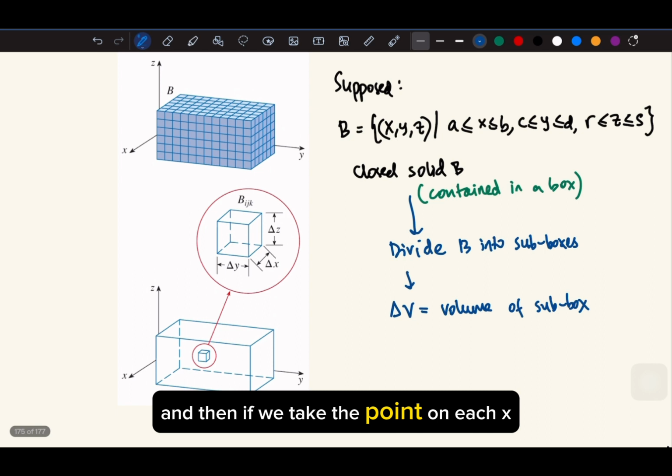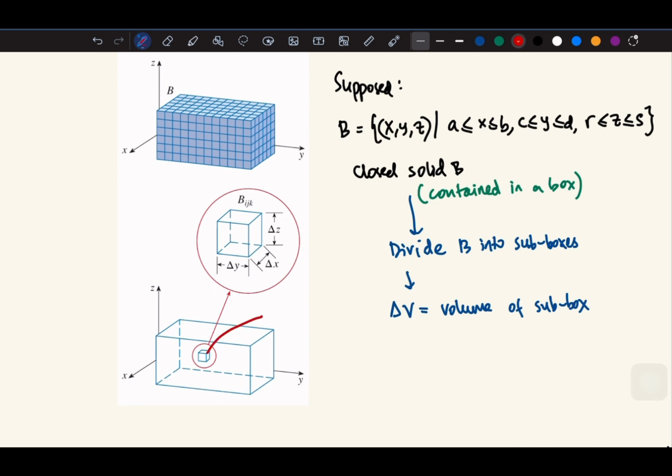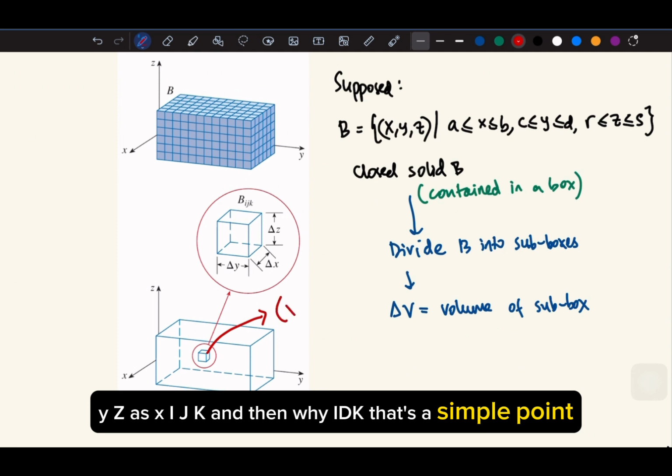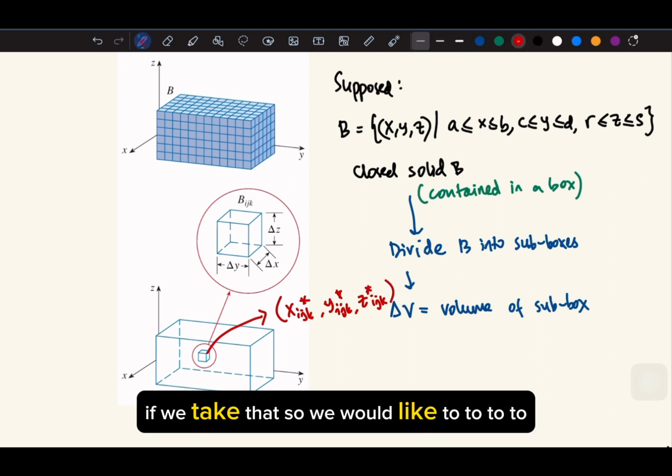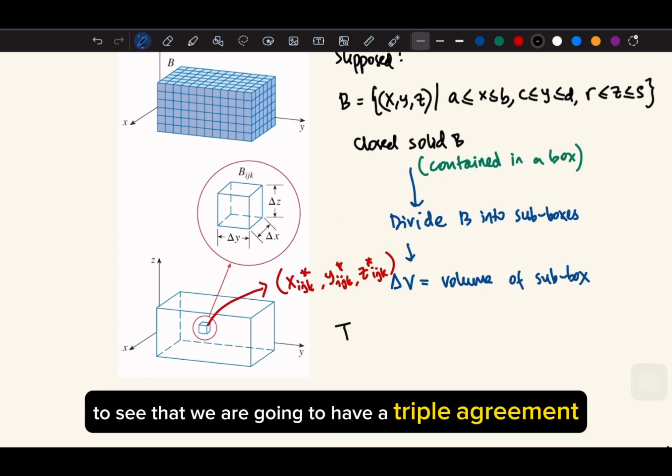And then if we take the point on each x, y, z as x_ijk, y_ijk, z_ijk, that's a sample point. If we take that, we are going to have a triple Riemann sum.